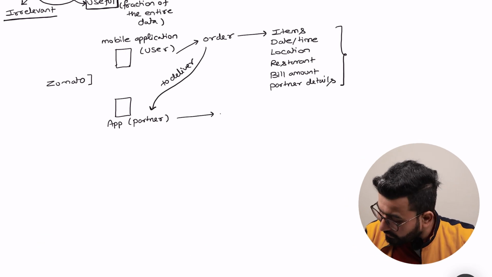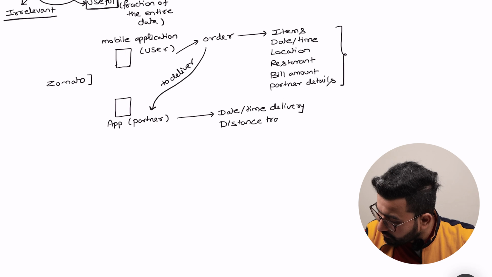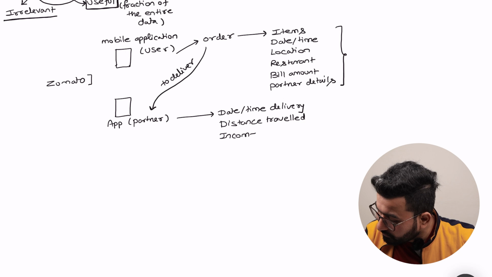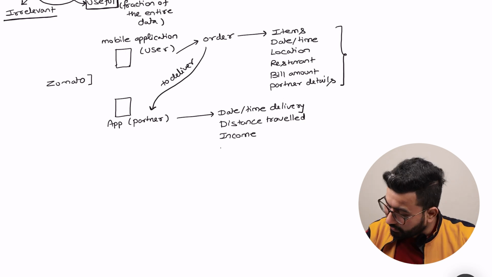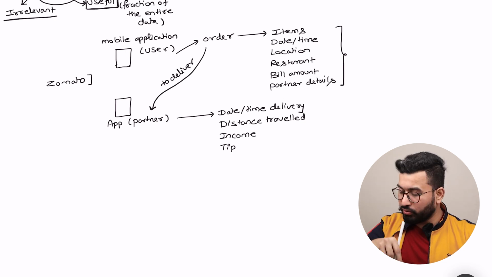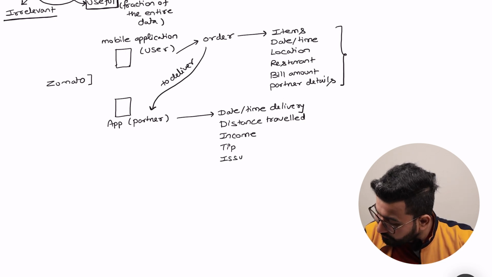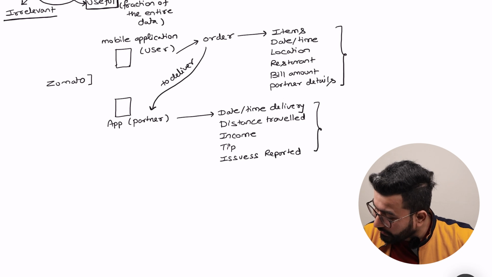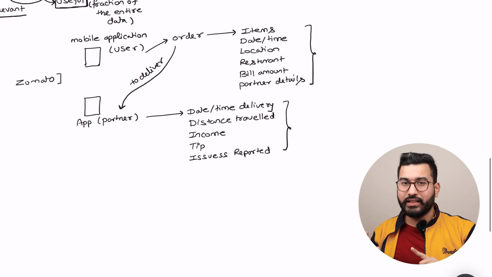So partner application will generate date and time of delivery, distance traveled, income generated by the partner, any tip that is given by the user to the partner, any issues reported, right? Now this is for one delivery. So for one delivery, again, the partner's application will generate this data.